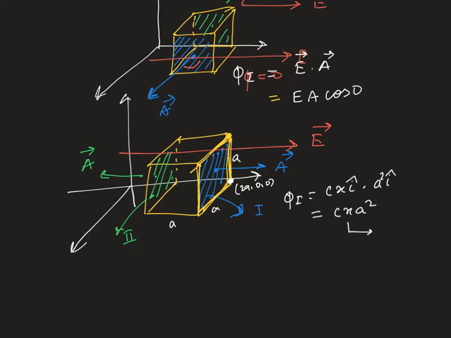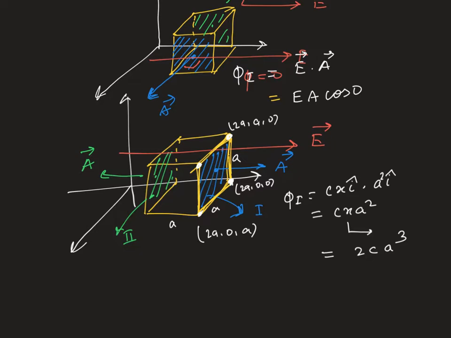Do you remember? This point was 2a comma a comma 0. This point was 2a comma 0 comma a. So we can say that all points have an x coordinate of 2a. And since all points have an x coordinate of 2a, it becomes very simple. The entire face has an x coordinate of 2a. So that becomes 2Ca cube. That is the flux through face 1.